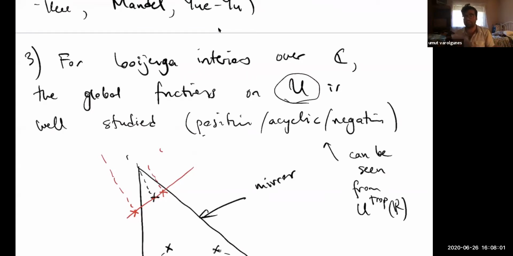It has precursors, but this is the one: Classification of Rank 2 Cluster Varieties by Travis Mandel, but he is building on work of Gross, Hacking, and Keel. Should I write it? I think you don't need to write it down. Thank you.